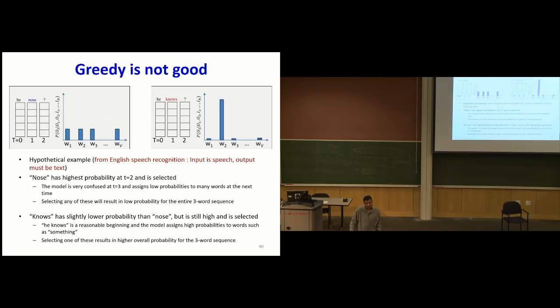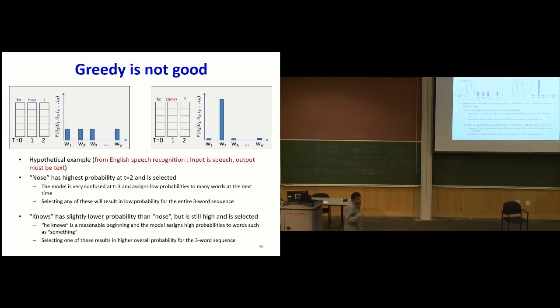So given this pair of words as the input, when the network is asked to produce a probability distribution over words at the third instant, considering that this is something you can't really make sense of, you can't really be sure what the next word is going to be. So the probability distribution is likely to be uniform or close to uniform over all the words because it's very confused.